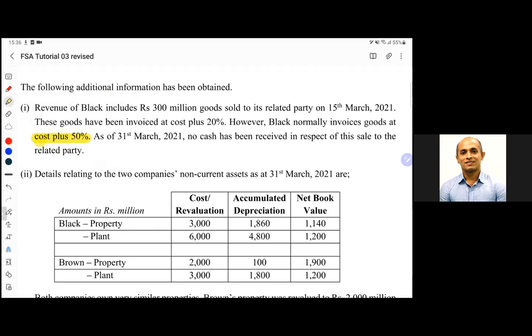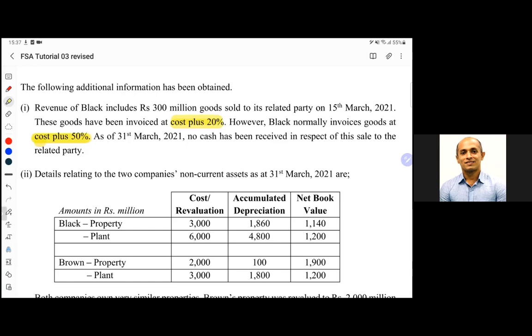But when selling to a related party, what the company charged was cost plus 20%. Usually this happens with related parties. When a company sells goods to a related party, usually the company charges a lower price, a price lower than the market price.